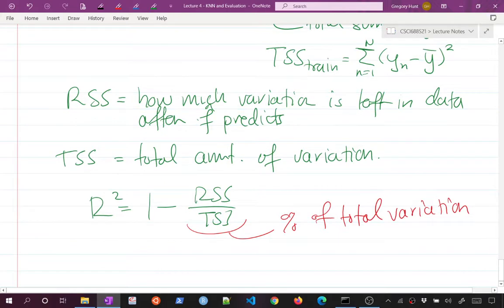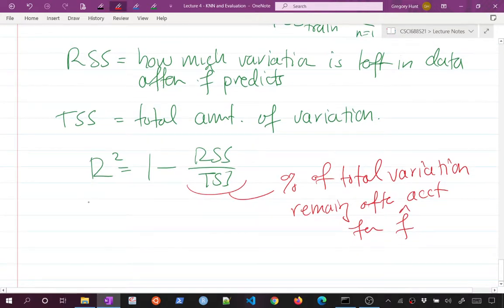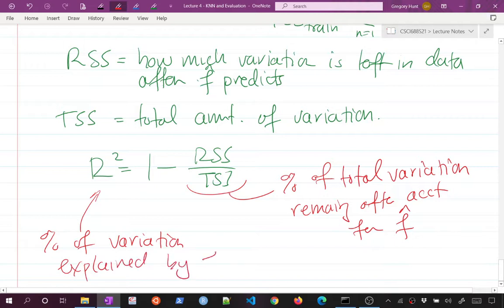So RSS over TSS is the percent of total variation left or remaining after accounting for f hat, and 1 minus that is going to be the percent of variation explained by f hat.